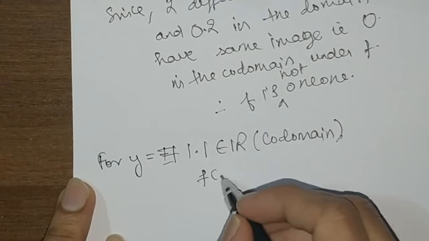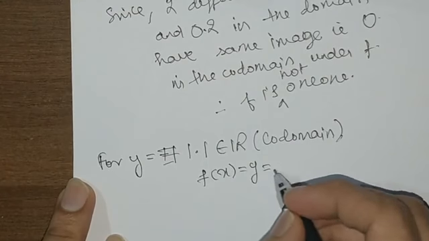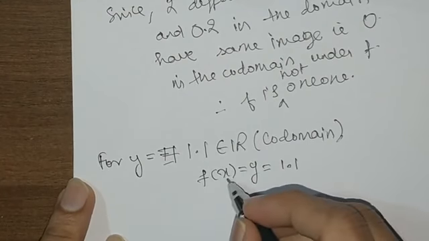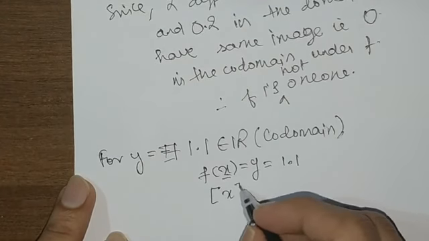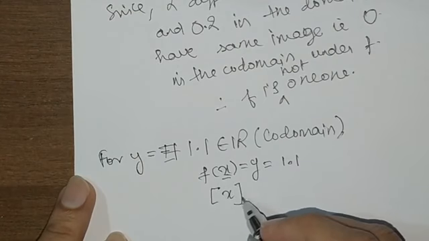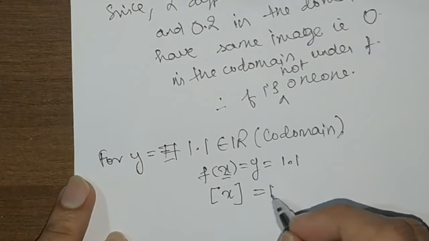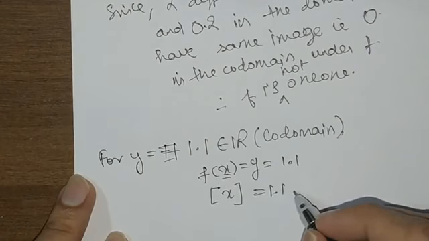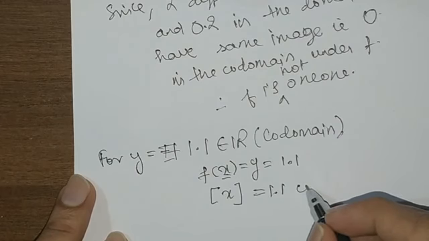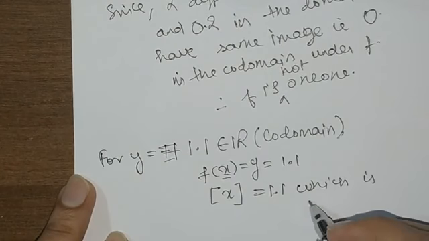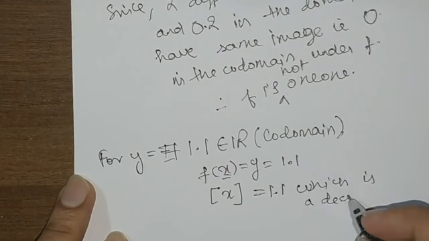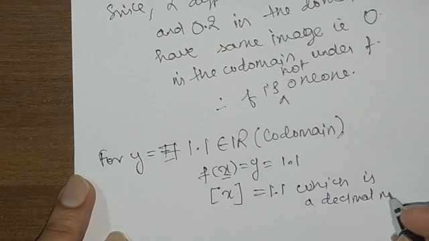Now look at f(x) equal to y, which is 1.1, and let us try to find x. f(x) is the greatest integer function of x, which is equal to 1.1, which is a decimal number, right?